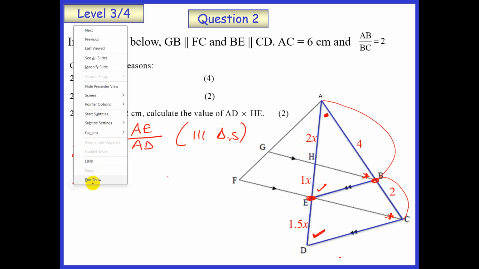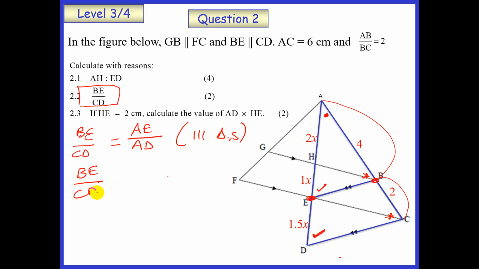BE over CD will actually be equal to AE, and if we look at the AE ratio, that is AE is 3x over AD, and AD is 4.5x. And now we can simplify that with our calculator, or instead of using 4.5, we could have used 9 over 2, whichever one you feel comfortable with.